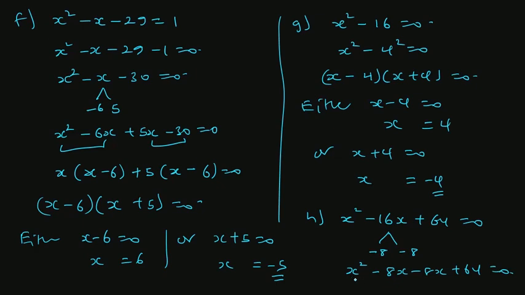Group, and factor out the common factor. Let me first write it: x squared minus 8x minus 8x plus 64 equals 0. After grouping, what is common here? It is x, take it out, remain with x minus 8. What is common here?